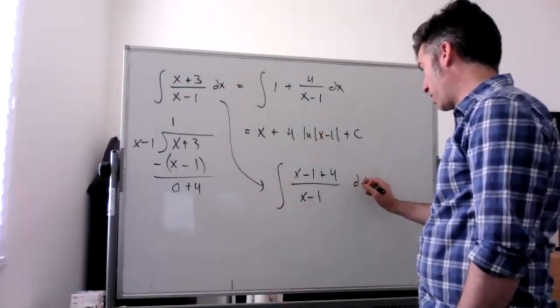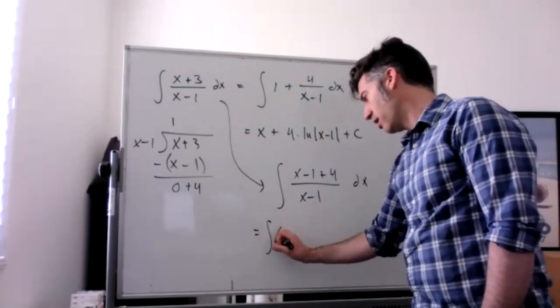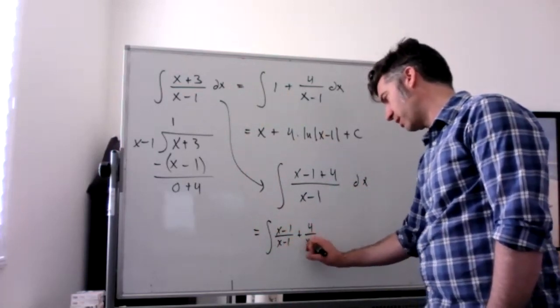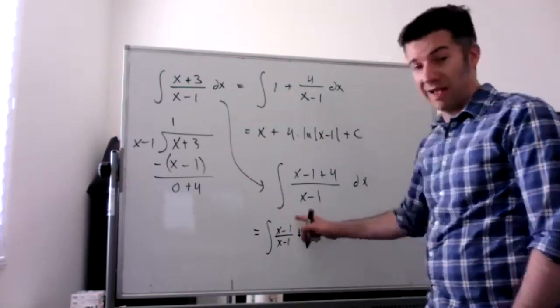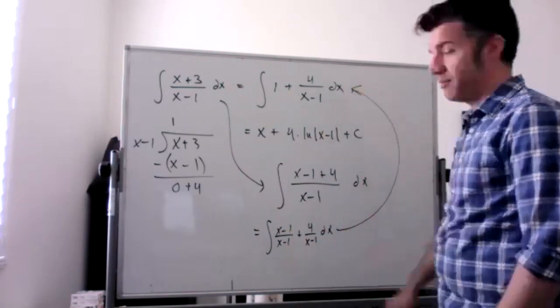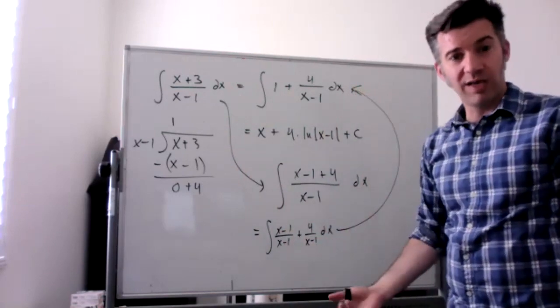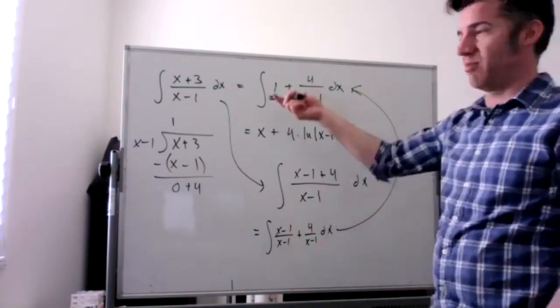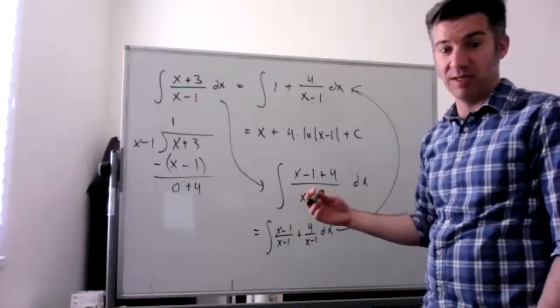And then you can break it up as x minus 1 over x minus 1 plus 4 over x minus 1. And then x minus 1 over x minus 1 is 1. So you get to that. That's a tricky way some people do ones like this, where it's like, oh, I can see that the top and the bottom are pretty much the same. Let's just make the top the same and then adjust.